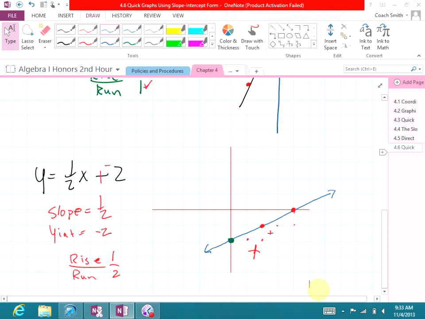Okay, and with our line, we have created our positive slope triangle. So that would be y equals 1/2 x minus 2. That's what the label on that line would be.